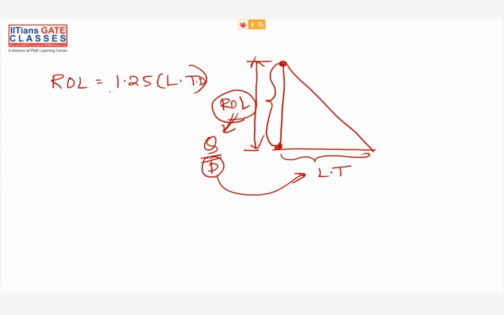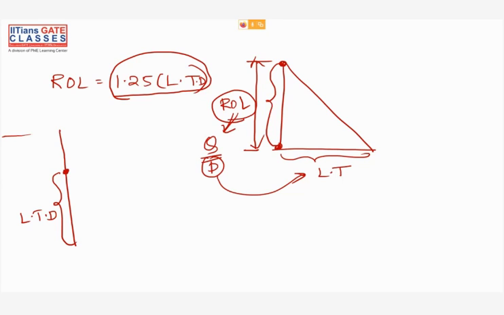So what he is saying is your ROL is more than the lead time demand, because it is 1.25 times the lead time demand. This much is LTD. ROL is this.